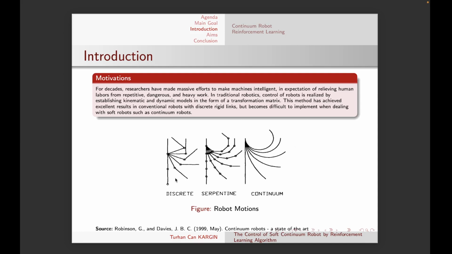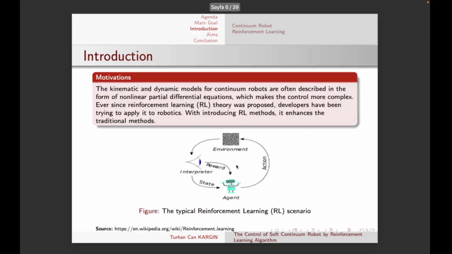You can see in this figure how different types of robots can have motion. Also the model of a continuum robot is much more complex than traditional robots.